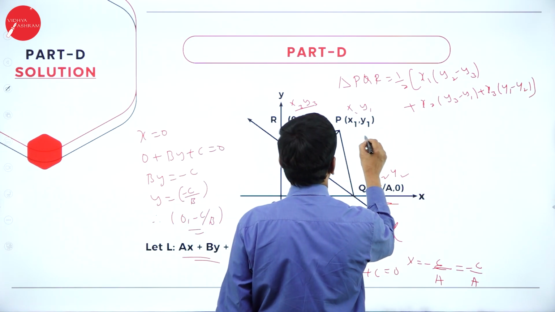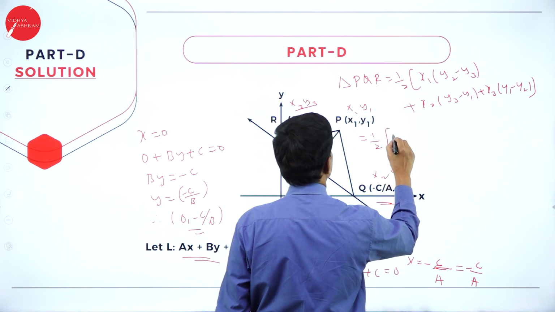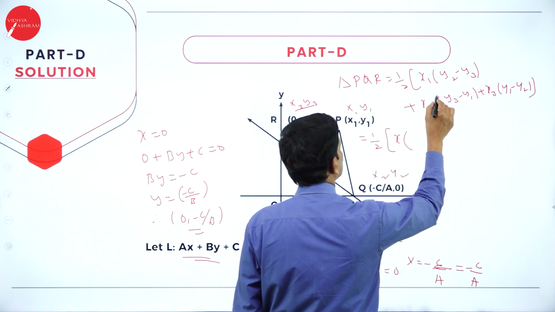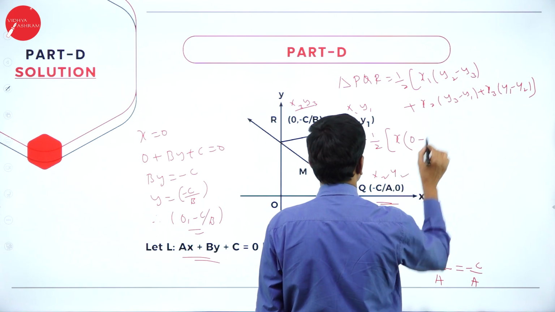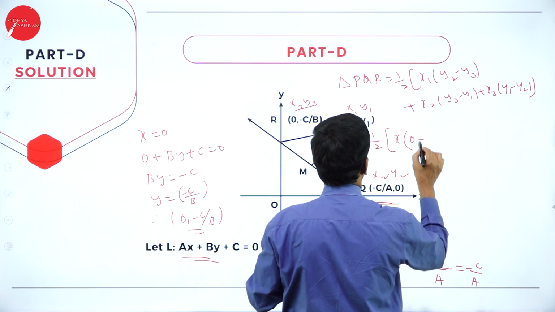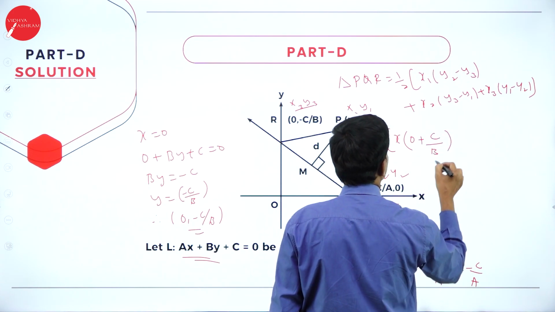So this is equal to half into, what is x1? x1 is x itself, into y2. What is y2? y2 is 0 minus y3. y3 is equal to minus c by b, minus and minus becomes plus c by b.